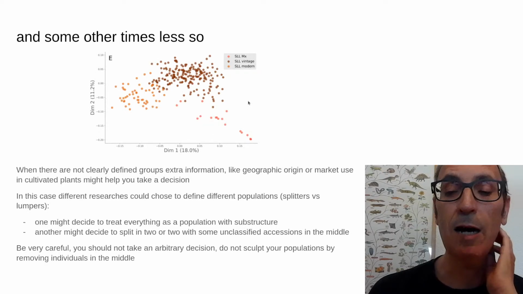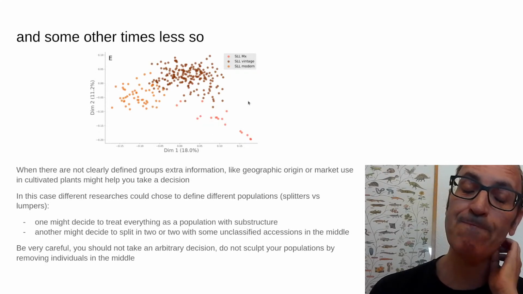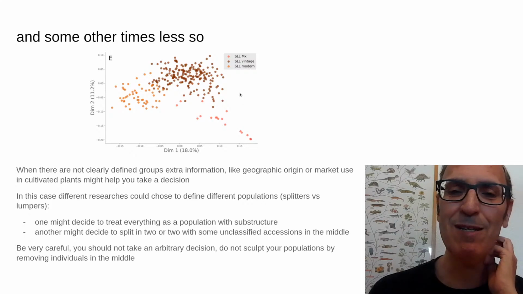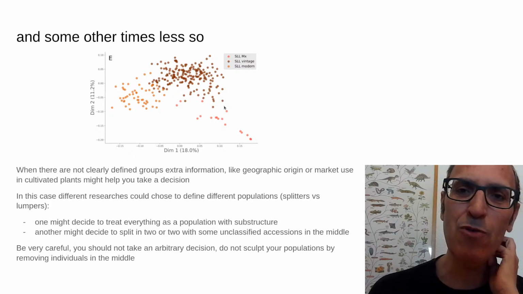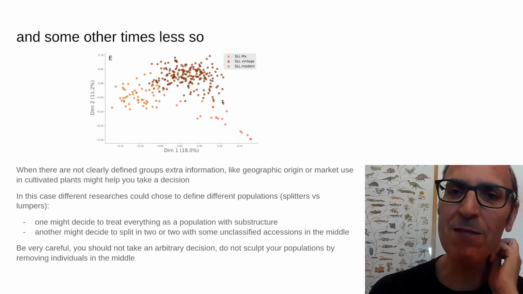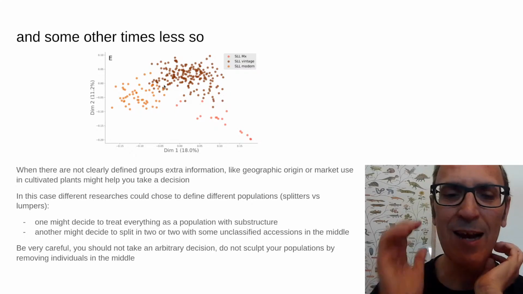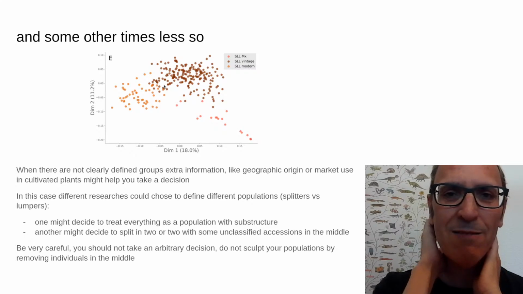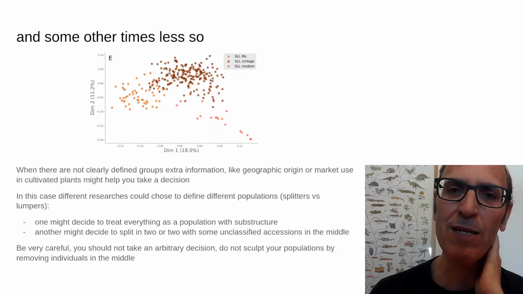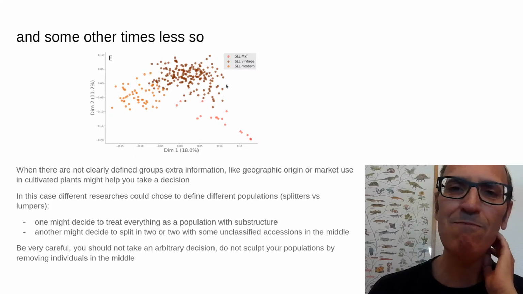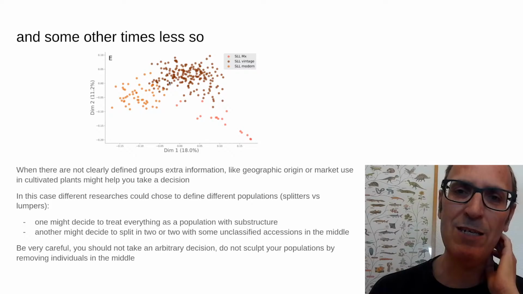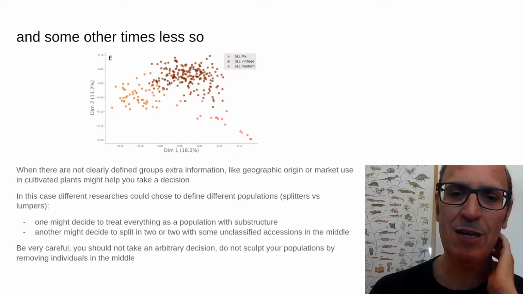And another researcher could say, yeah, but you see, when you plot the geographic data, you find that it's not just one population, because the geographic data defines three clusters that are very close together, and there are individuals that are difficult to define if they are in one or the other, but it's a waste to define just one. You are losing substructure in there.